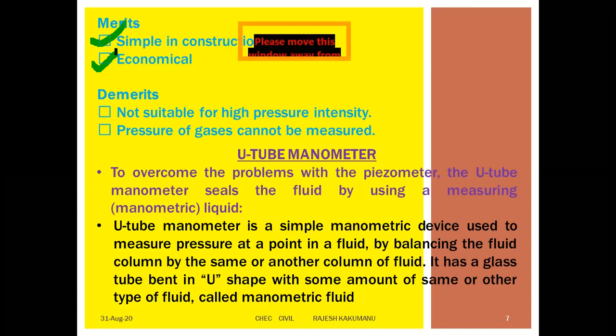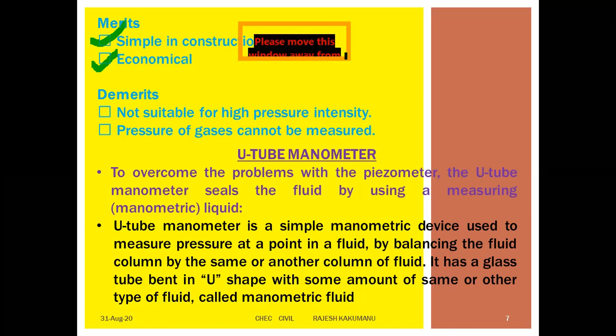Next, the pressure of gases cannot be measured. So other medium, ఏంటి other medium? Gases ని మనం కన్సిడర్ చేసినప్పుడు the pressures of gases cannot be measured. That is the meaning. So these are the two main disadvantages of the piezometer manometer.